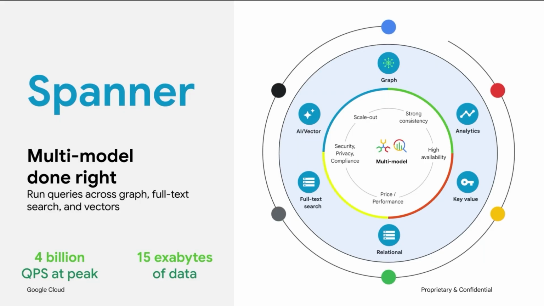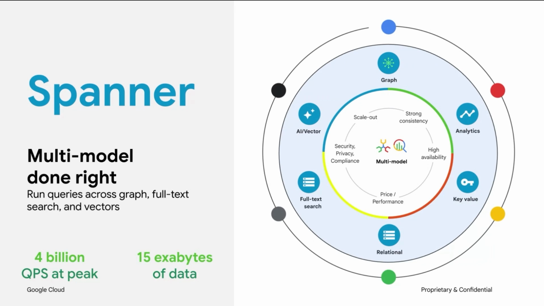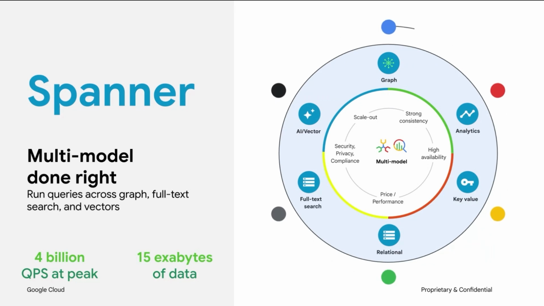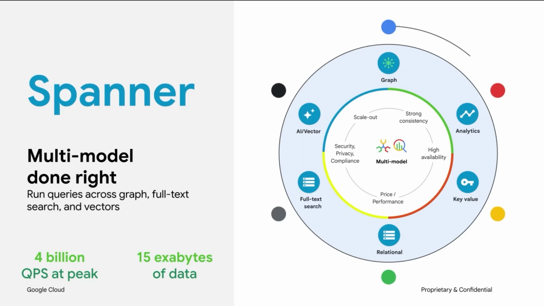We also added vector search to power GenAI use cases. And in general, we have also deepened the integration with our analytics stack. And the overall idea is to bring a fully interoperable multi-modal data system to enable a wide range of use cases combined with the operational simplicity of Spanner.